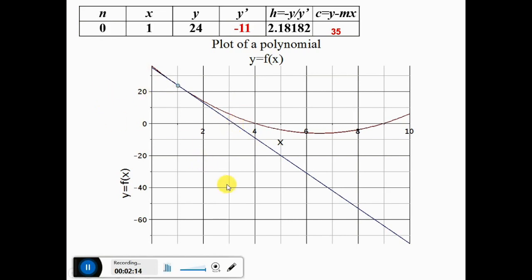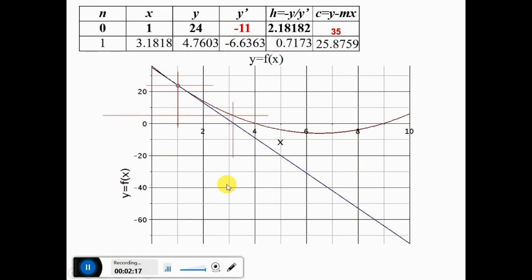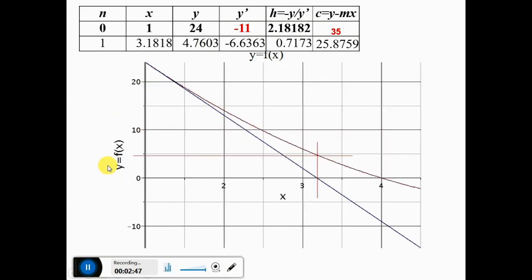The tangent point is here, then it hits the x-axis at this point, which is 3.18 we have calculated in the table, and for that 3.18 we can calculate y, and y is this value, which is 4.76. Now again we have to draw a tangent to the given curve at this point, and we shall proceed further.